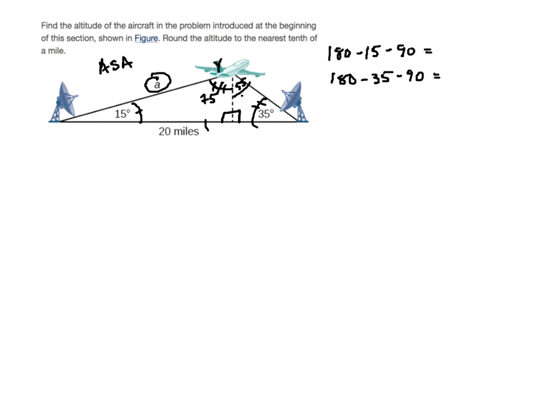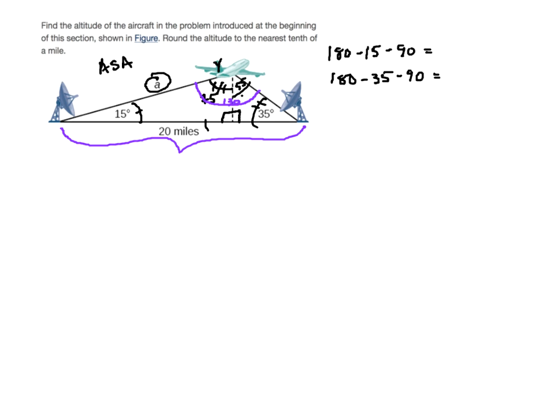And I need to know this entire angle, because I know that this entire side here is 20, so that I have that ratio to set up my proportion. 75 plus 55 is 130.